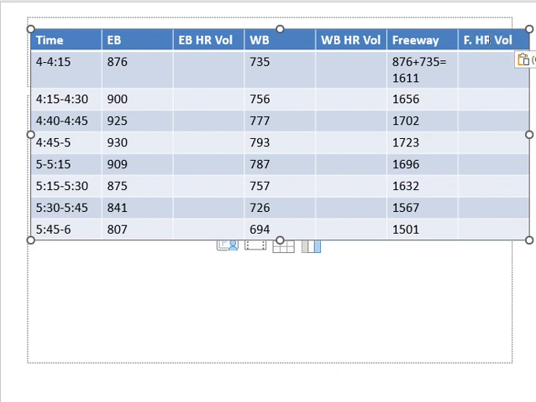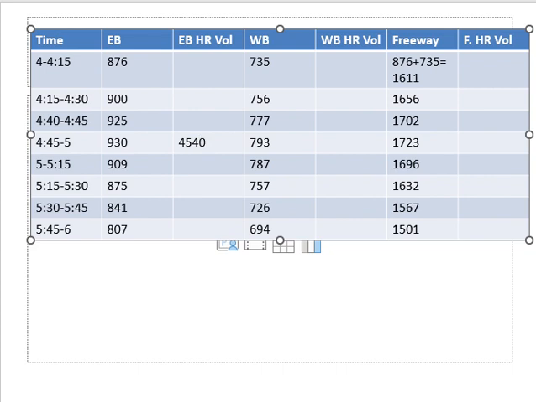Okay, so the first hour is from 4 to 5, right? The first hour starts from 4 till 5. Give me the volume for each side. So we will add these 4 values. Okay, how much? 4, 6, 0.